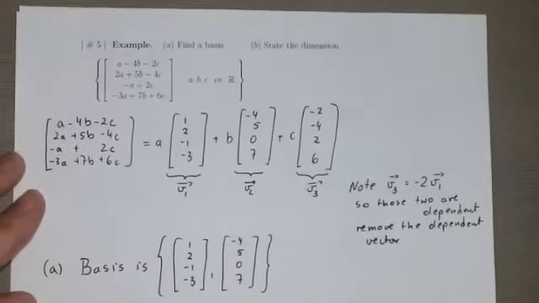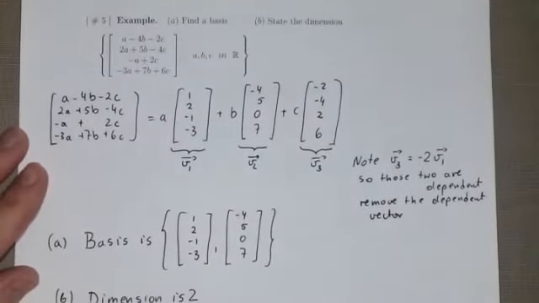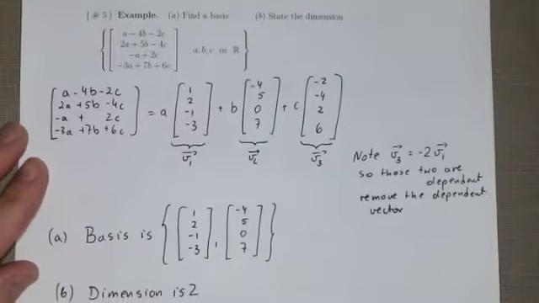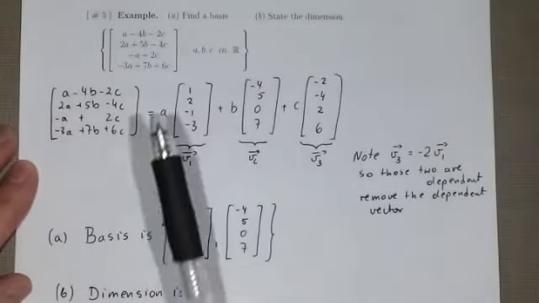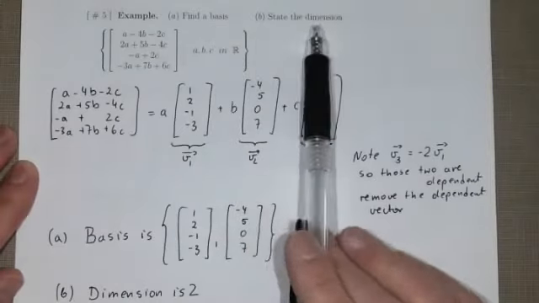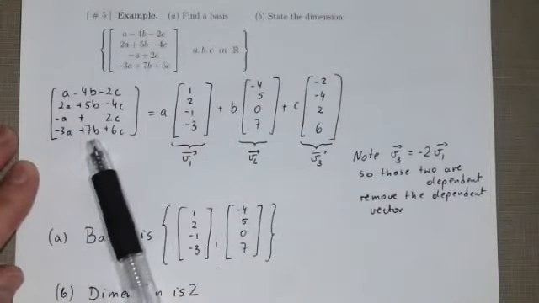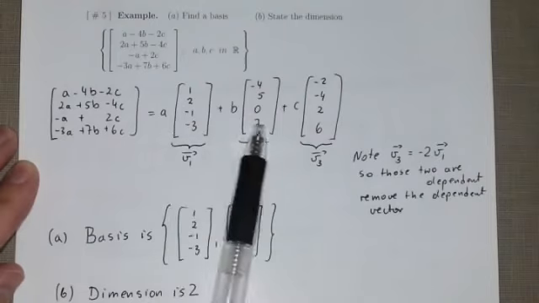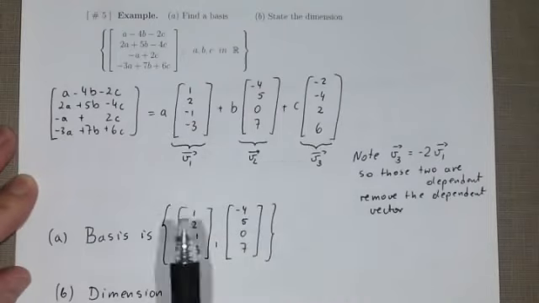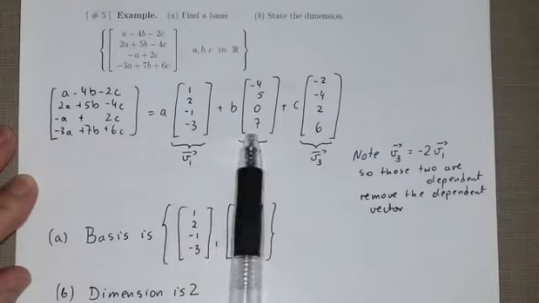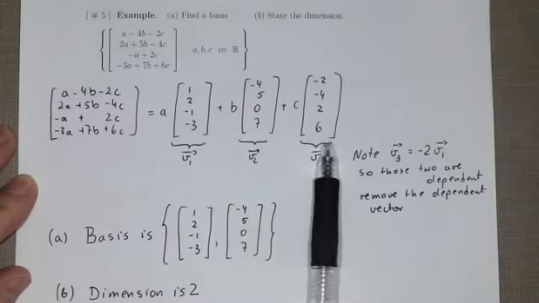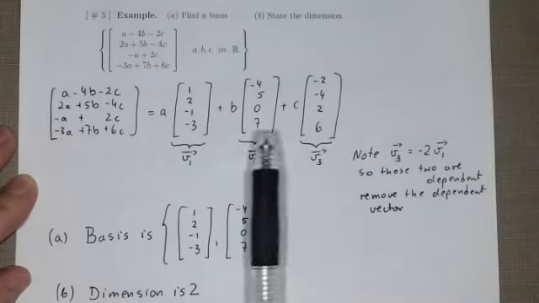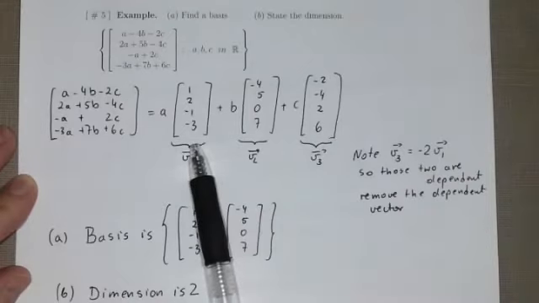Example number 5 from the textbook. Find the basis and state the dimension. So we're going to separate the vector using a, b, and c as we did before. Now we need to check if those 3 vectors are linearly independent, but we can notice that vector 3 is twice vector 1.